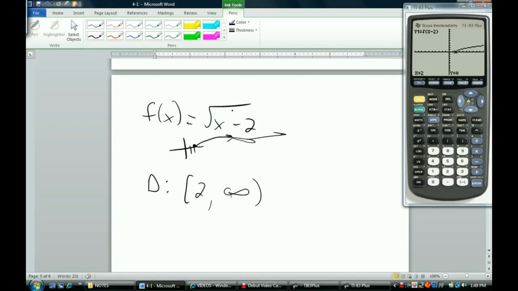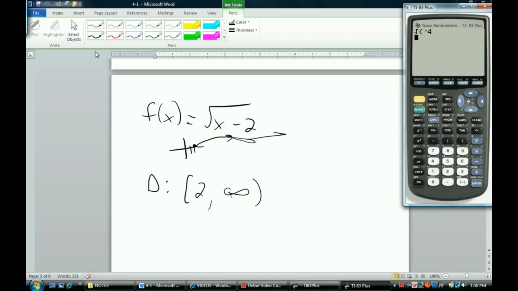Now, if you know anything about square roots, since we're always working in the real number system unless we're told otherwise, we know that we can't take the square root of a negative number. So if you were to find the square root of -4, for example, you get an error because you can't find it.